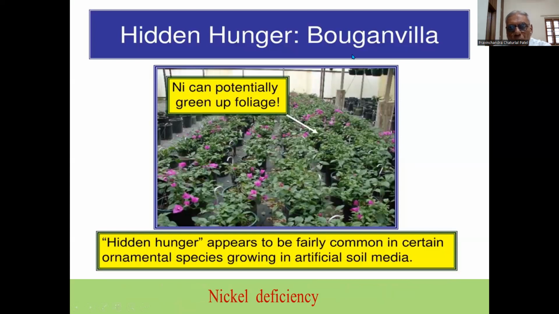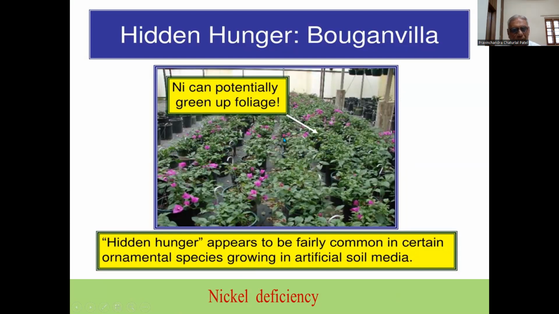Then hidden hunger in bougainvillea, an ornamental plant. Nickel can potentially green up foliage, so it is also required. Hidden hunger means we cannot see it with the naked eye, but there is a deficiency of nickel in the plant. How can we know? For that we have to carry out plant analysis. Hidden hunger appears to be fairly common in certain ornamental species growing in artificial soil media.